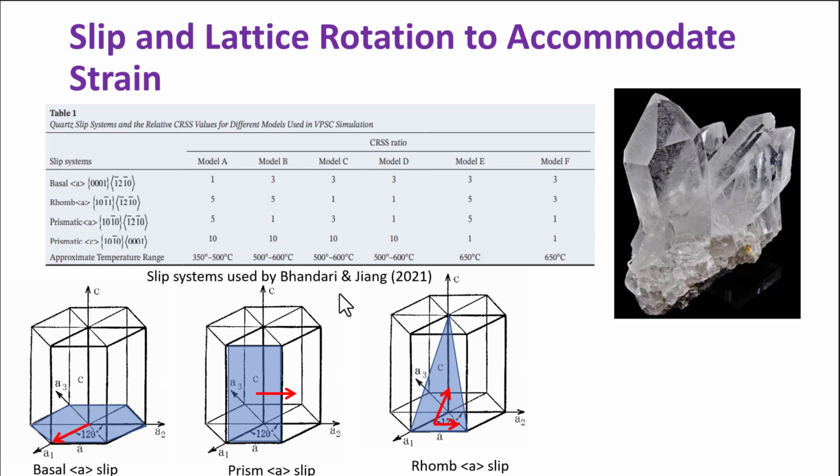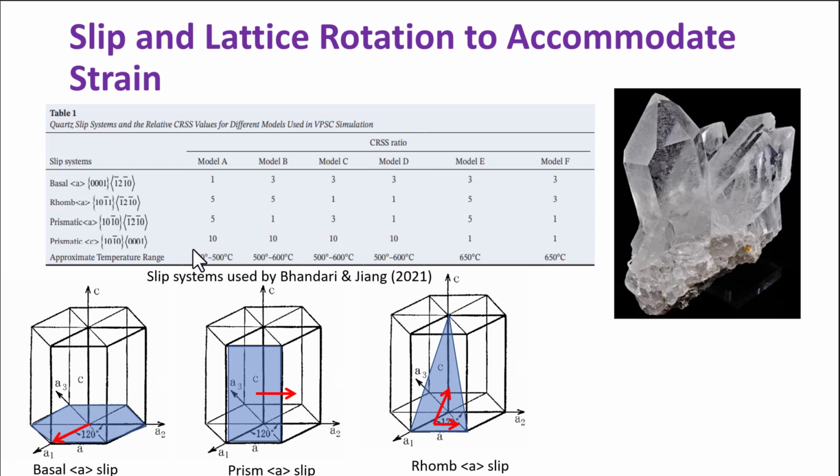The activity of a slip system in a mineral is defined by its relative critical resolved shear stress. The higher the critical resolved shear stress for the slip system, the more difficult to activate the slip system. In computer modeling, people have assigned different relative CRSS for different slip systems.